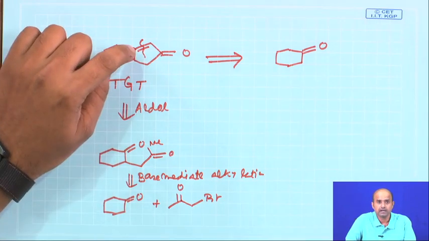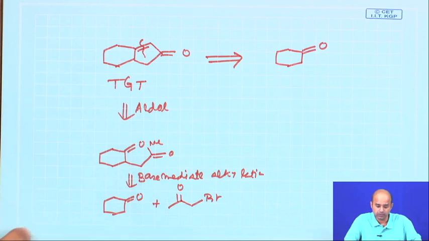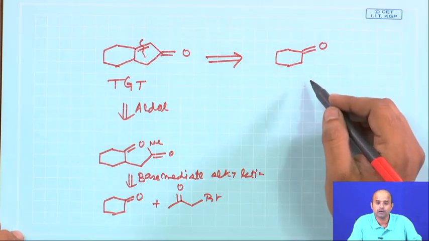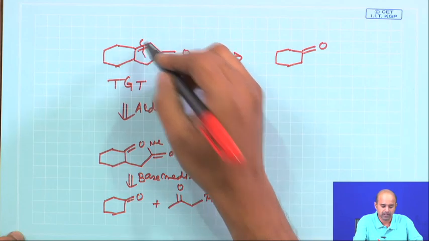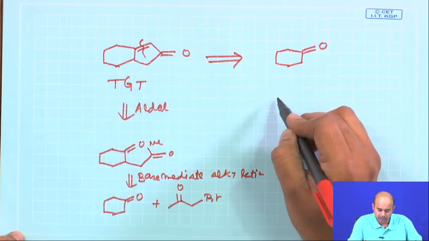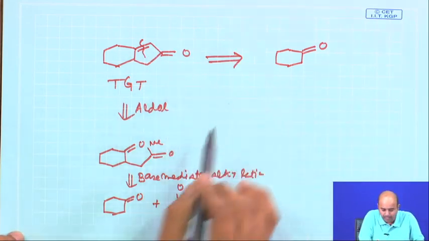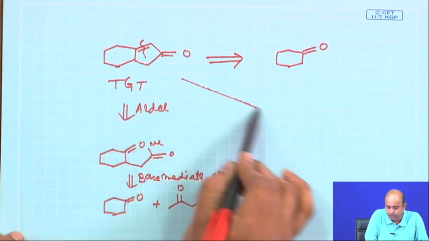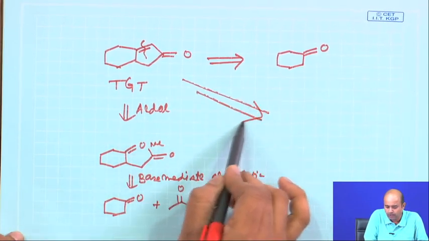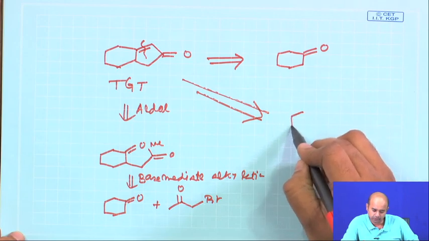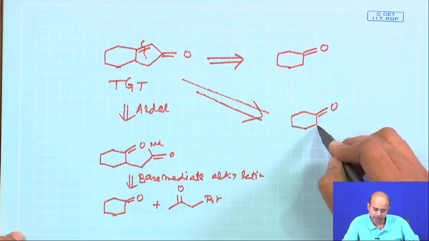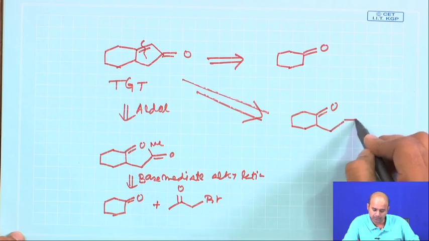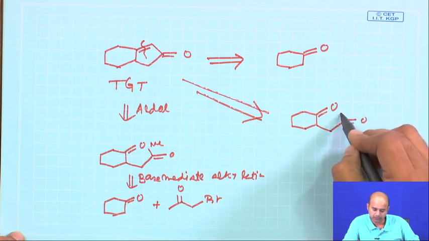I said that if I give you a prerequisite that you cannot use the aldol reaction as the main disconnection, I will have another retrosynthesis, which I will now discuss, and this retrosynthesis is a little bit adventurous, and then we will try to find out how it is possible.